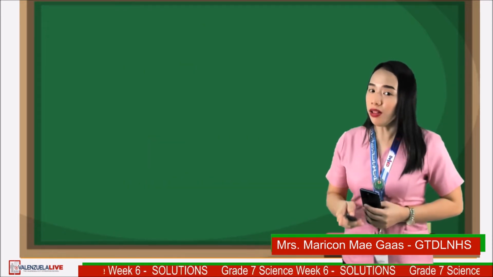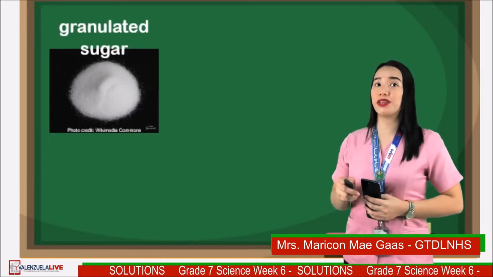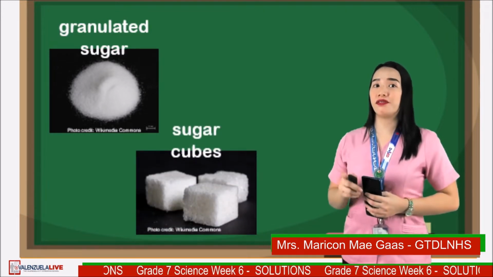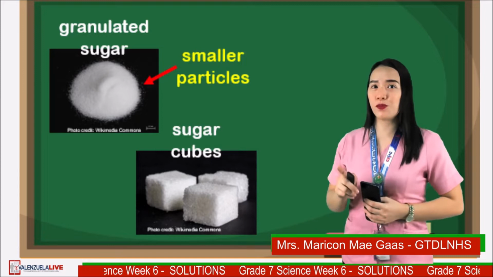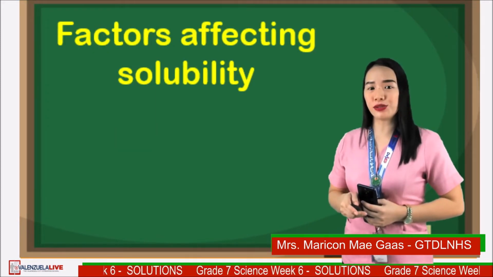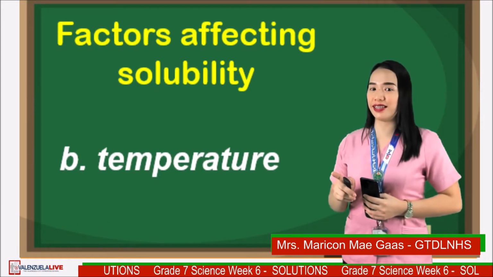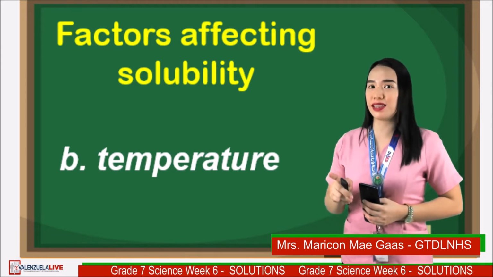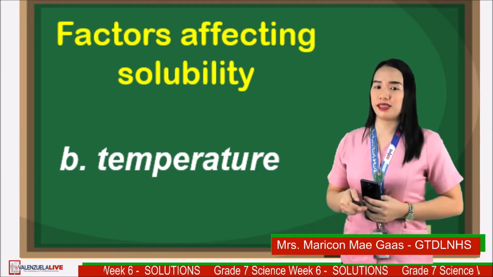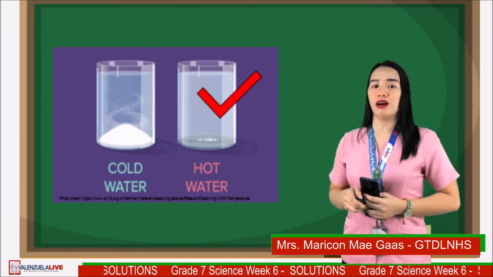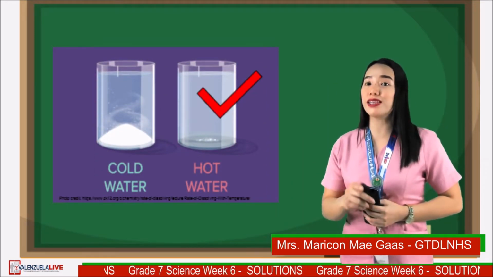The smaller the particles of the solute, the faster it will dissolve. Next, we have temperature. Generally, an increase in the temperature of the solution increases the solubility of a solid solute.